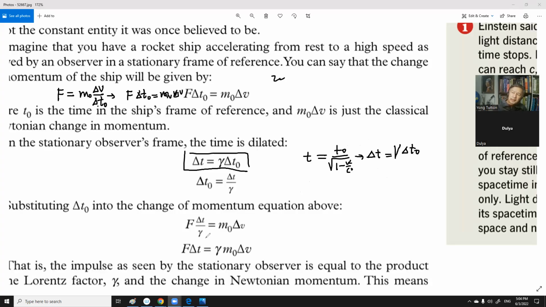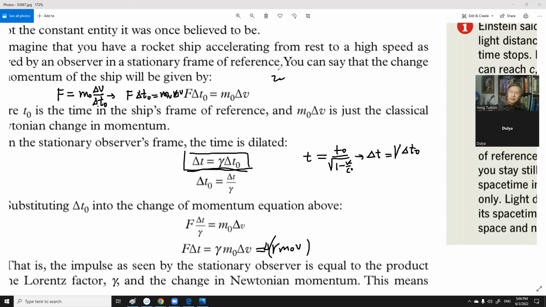That's why I think this is a very good way, because it's simple. They use the time dilation formula to obtain this form of the momentum, because from here, if you go further, that will become gamma m null delta v.